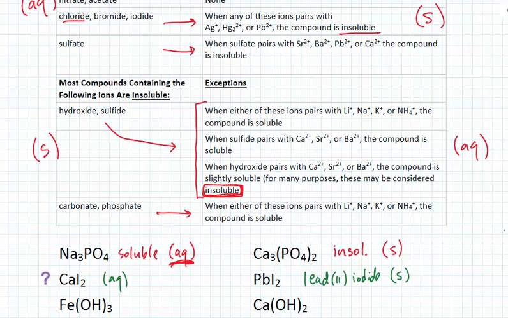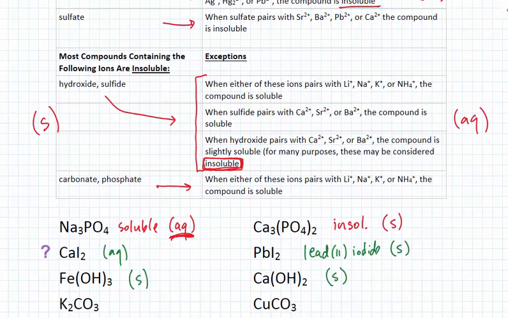Iron 3 hydroxide. Here's hydroxide. See nothing about iron over here, so solid. Here's calcium hydroxide. Oh, and hydroxide pairs with calcium. It's slightly soluble, but for many purposes, we're going to consider that insoluble.